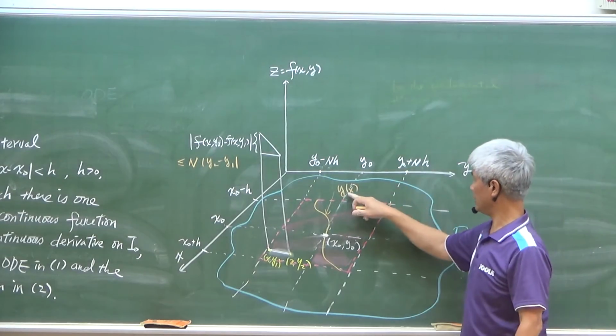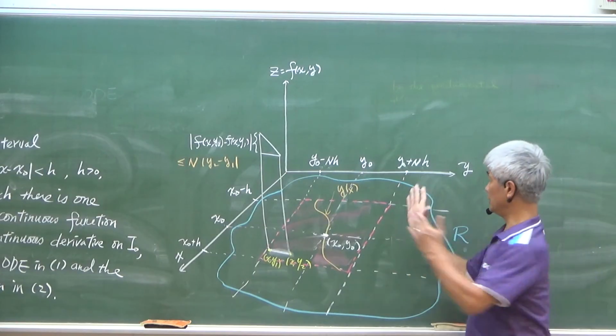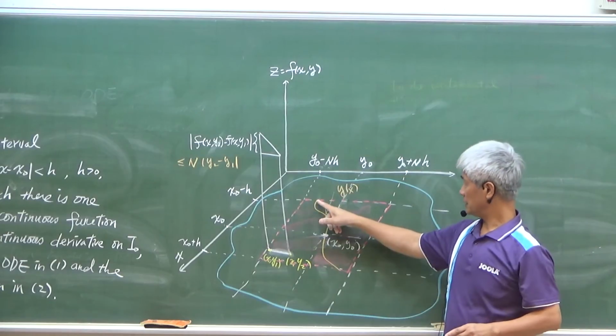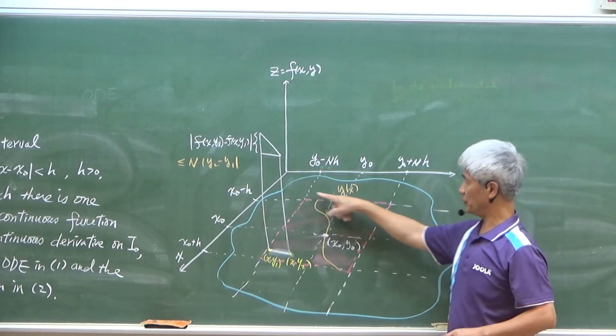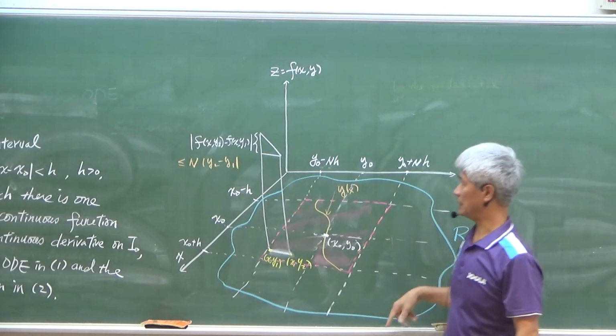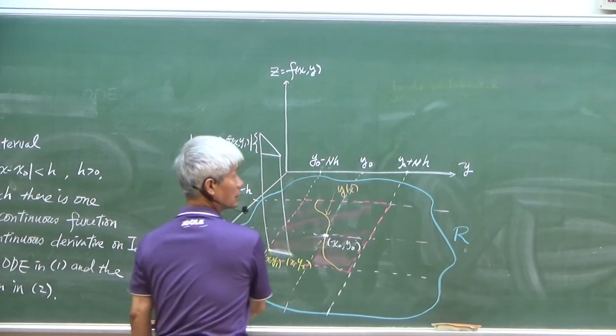So the value of y(x) will be confined to this interval. Basically, the graph of the function must be confined in this rectangle, and this is one and only one solution.